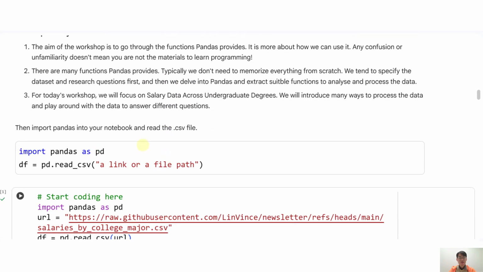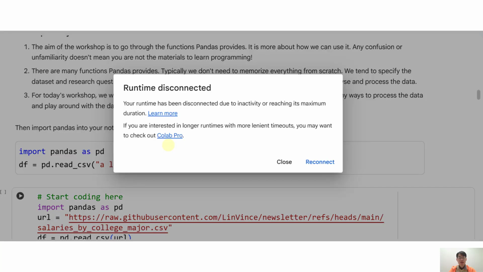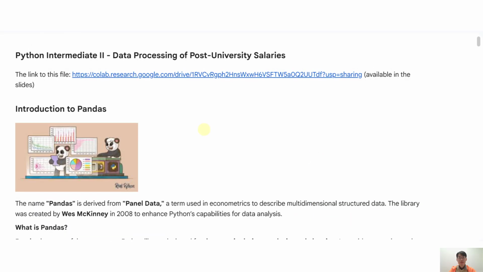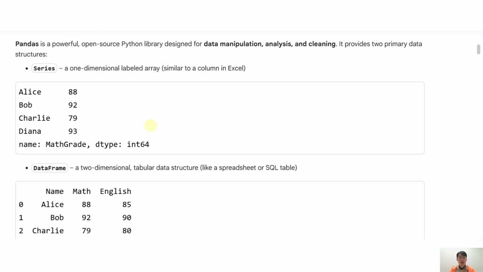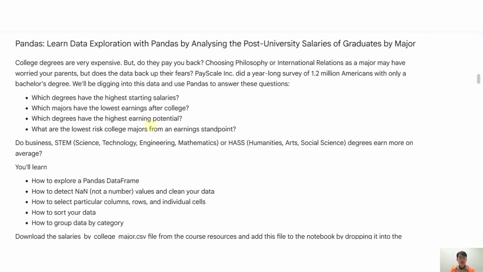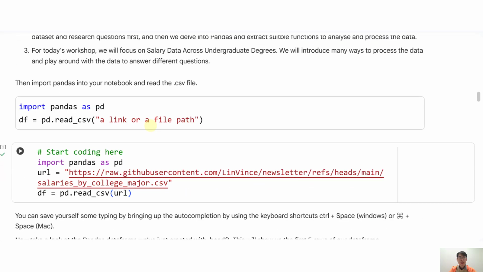Okay, so let's start. If you're new to Pandas, that's perfectly fine because this workshop is to build a foundation for Pandas. Okay, so the first thing we want to do is import the Pandas library.